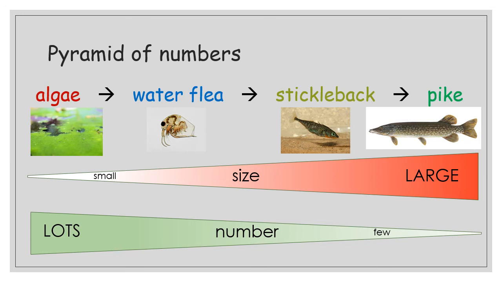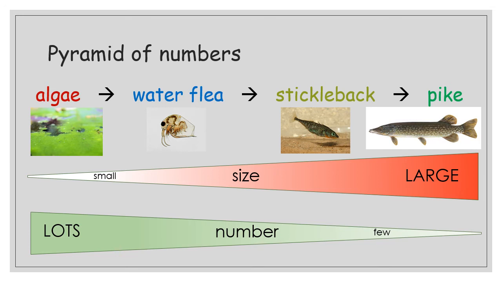They'll be incredibly territorial, trying to stave off competition from other pike for food and for mates, etc. So again, there'll be very few pike at the top of the food chain. So generally, that's what we'd see: the numbers reduce and the size increases as you go through a food chain.